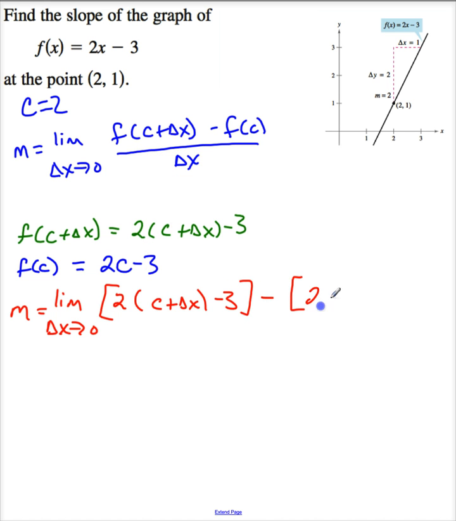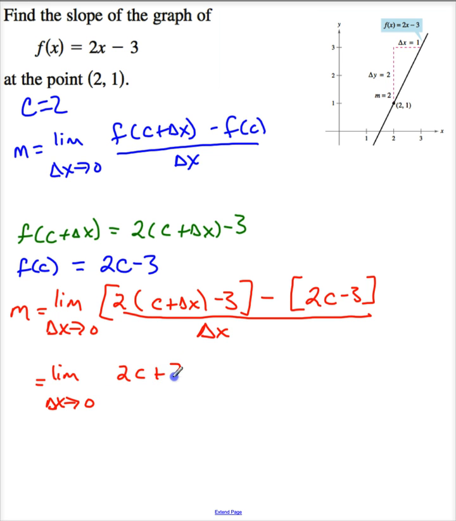And so this is 2c minus 3, all divided by delta x. Now I'm going to multiply some stuff out. So this is the limit as delta x approaches 0 of 2c plus 2 delta x minus 3 minus 2c plus 3 all over delta x.